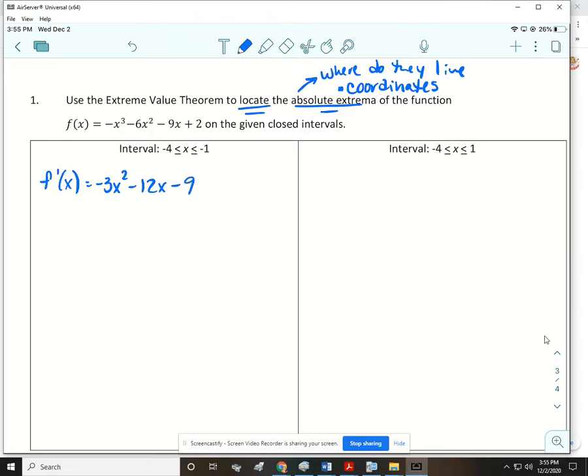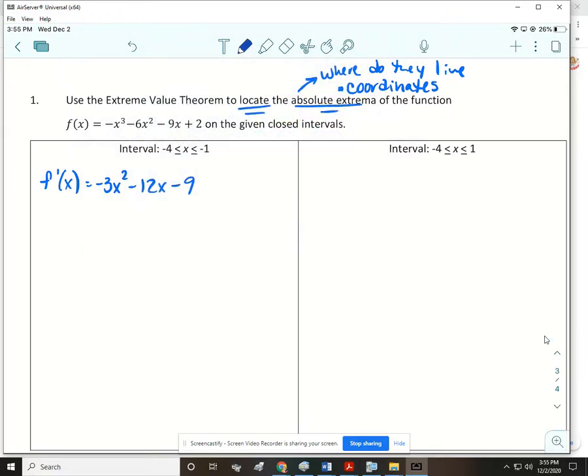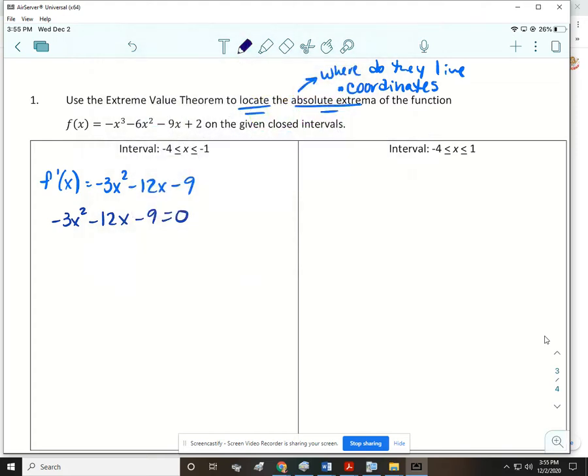All right. And then from that, we want to find the critical numbers. And the critical numbers are when this derivative is equal to 0. All right, and just to get going on this, I'm going to divide through by negative 3.